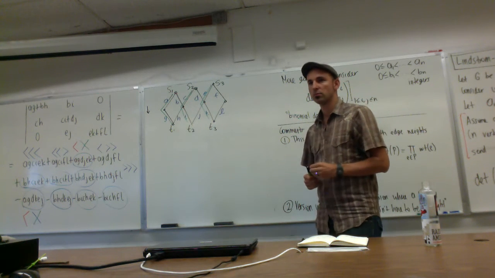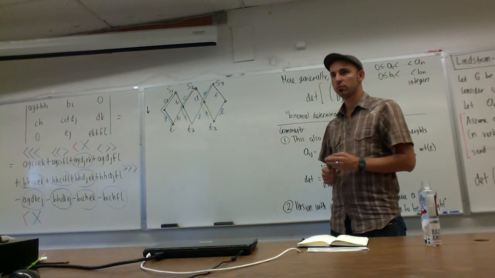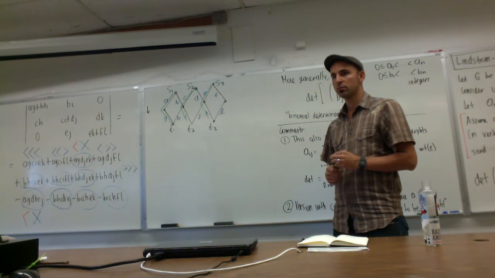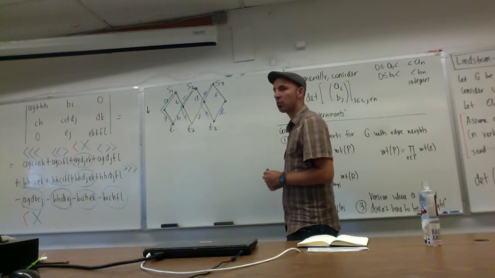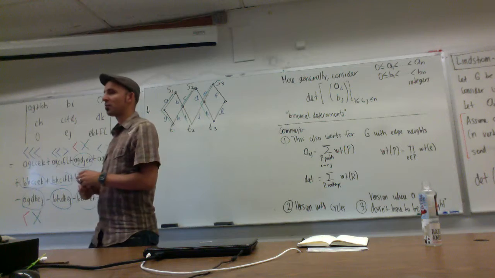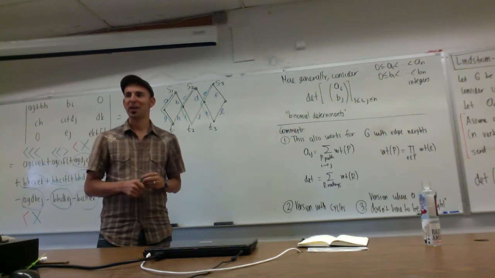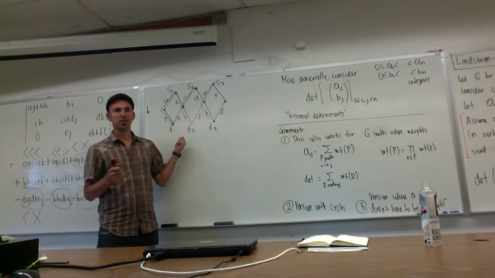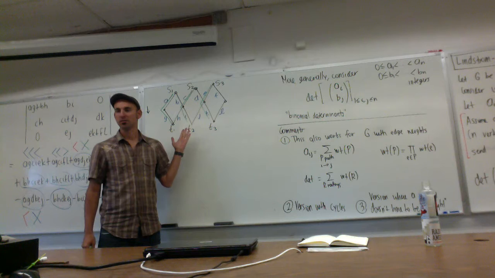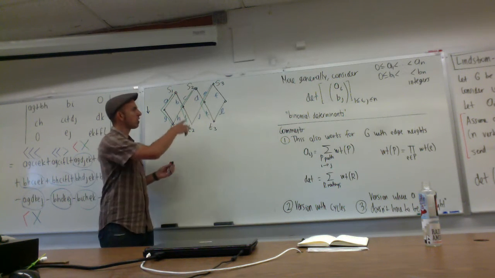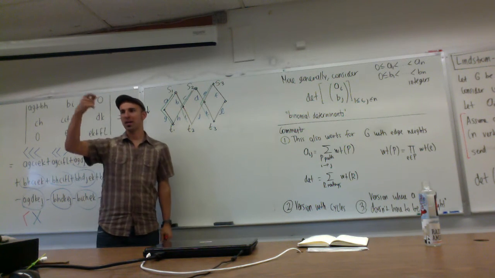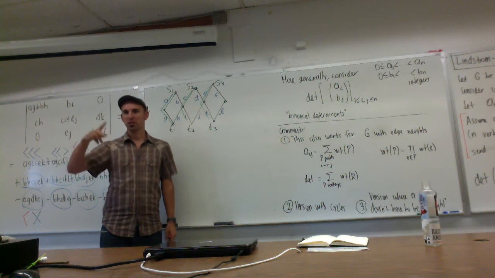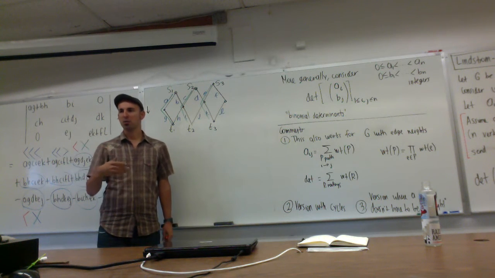Is there like an upper bound for the number of routings? Actually, that's a really good question that I was trying to decide whether to talk about tomorrow or not, and I haven't decided. But the question is basically how many roads fit in this graph. Right? Like here, I could have routed only one S to one T, or I could have routed 2 to 2. I could have routed 3 to 3.